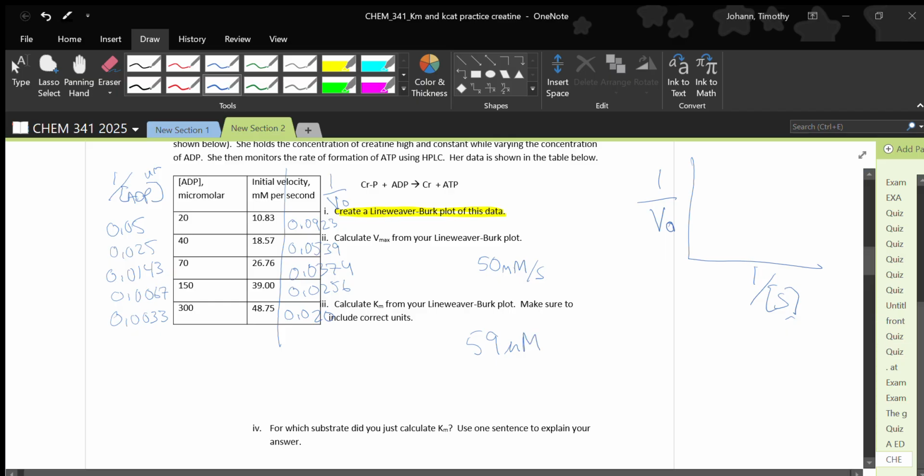All right, next question. Which substrate did we just calculate the Km for? I just kind of gave it away. ADP. How would you know it if I hadn't given it away? It's in the question. Well, so is creatine phosphate.